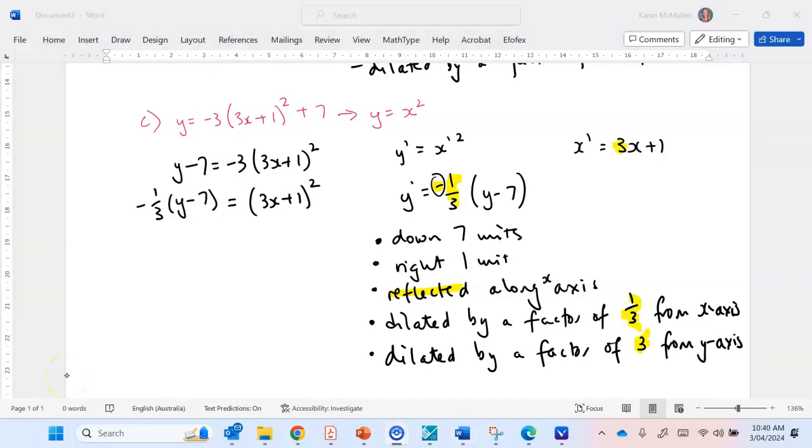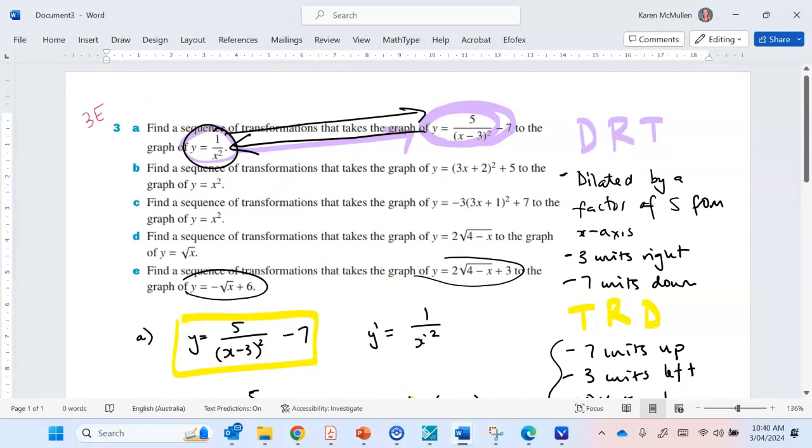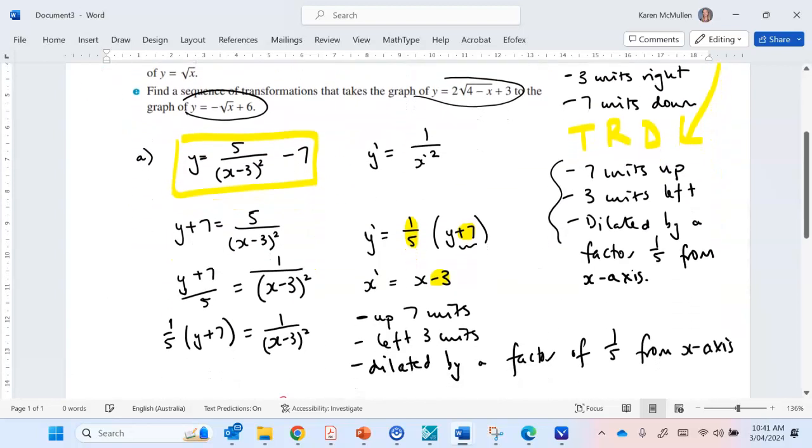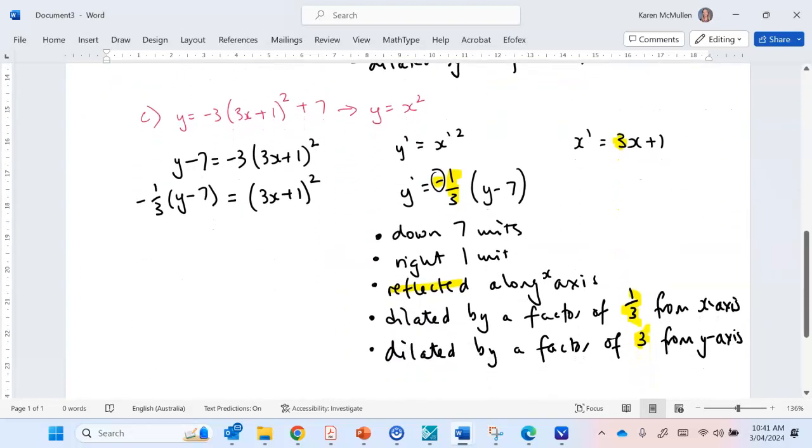All right, I've just double checked with the solutions, and I did notice that in the textbook solutions you might be thinking, oh, they're slightly different. They've continued with the DRT. The reason why I didn't is because I wanted you to see that we're just basically doing the opposite. Now, let's have a look at question C and I'll show you the solutions.